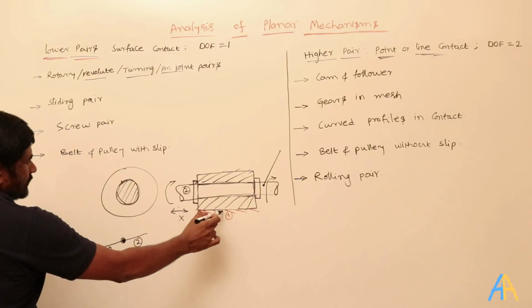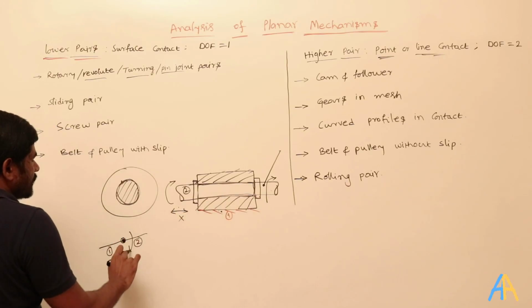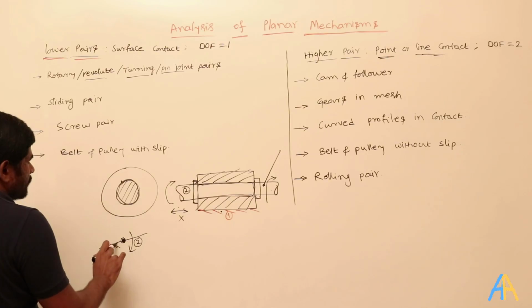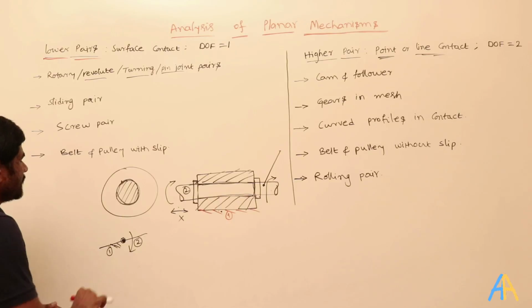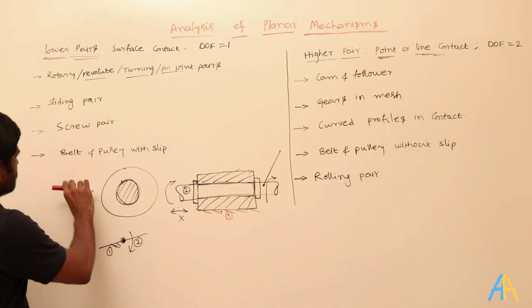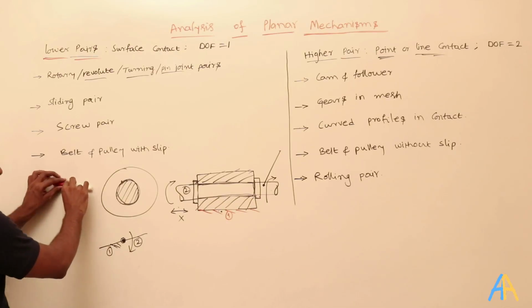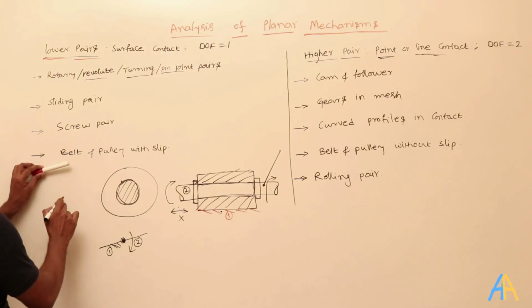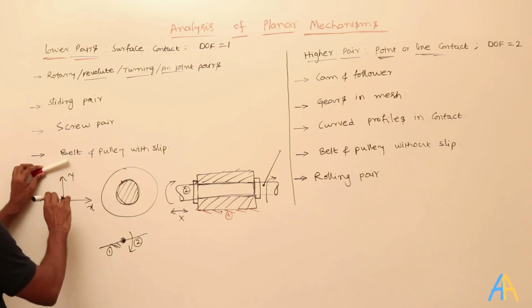When I fix link 1, for link 2 only the rotation is possible. That means, initially link 2 is free on the plane, with the x-axis, the y-axis, and the z-axis.